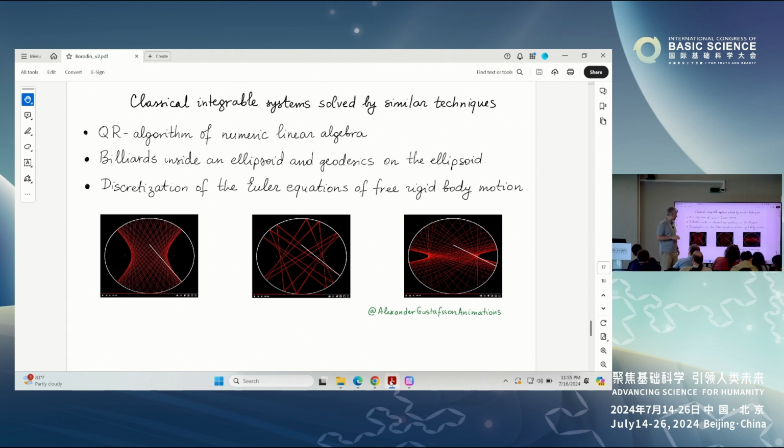And one can also discretize the equations of the rigid body motion, and that's also a matrix refactorization thing, it turns out. And so the fact that we were able to solve this refactorization problem is not a local miracle, but a global one. It stretches a few centuries.